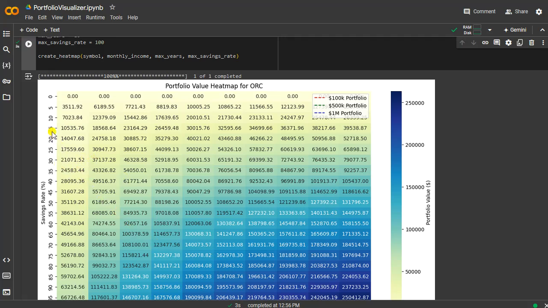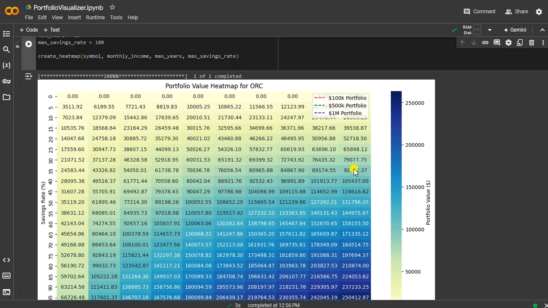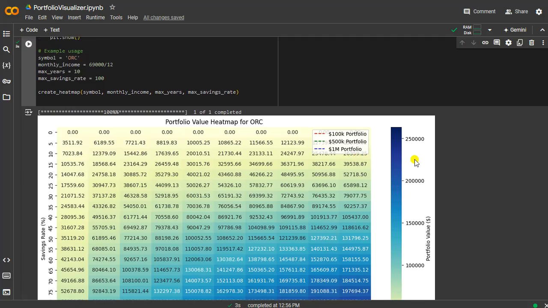So investing, for instance, with a 10% savings rate, after 10 years would yield only 26,000. Is this correct? Max savings rate. Yeah, okay, this is correct. And if you would have a 40% savings rate, it would yield like 105,000 after 10 years.